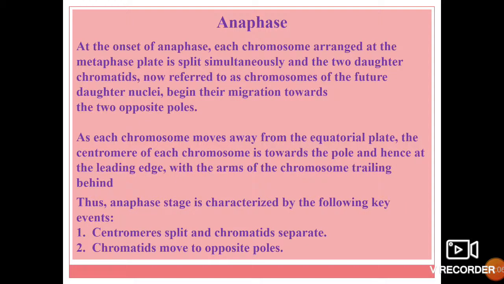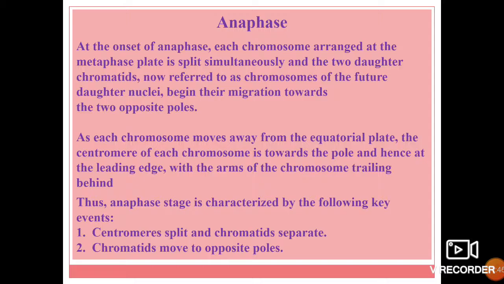So we can come to the next phase, which is the anaphase. Now this is the most important phase for the mitotic cell division. During anaphase, the spindle fiber starts to contract. As the spindle fiber contracts towards the opposite pole, it exerts a pull on the centromere of that X-shaped chromosome, and tries to tear the 2 partners from that one jointed area, which is the centromere, the waist, if you may call it.